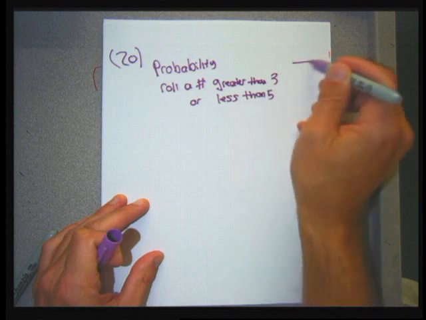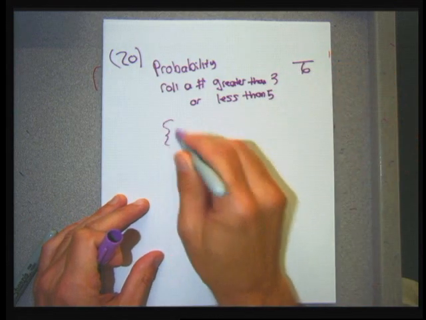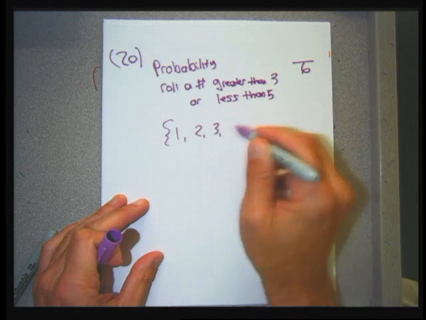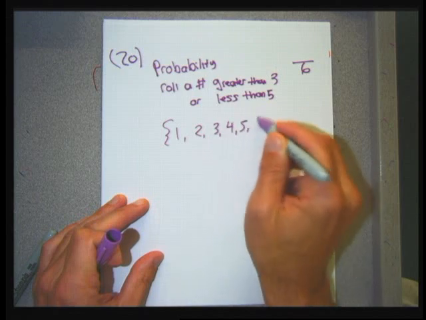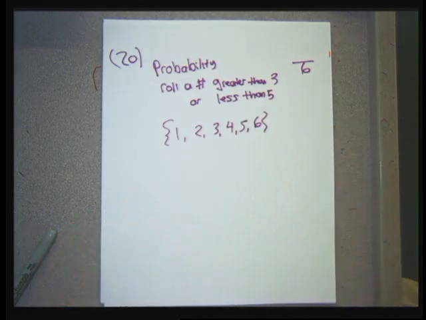I know my probability is going to have a 6 in the denominator because the only numbers that I could roll are 1, 2, 3, 4, 5, or 6. The number of things that I put in the numerator are anything that's either greater than 3, less than 5, or both greater than 3 and less than 5.